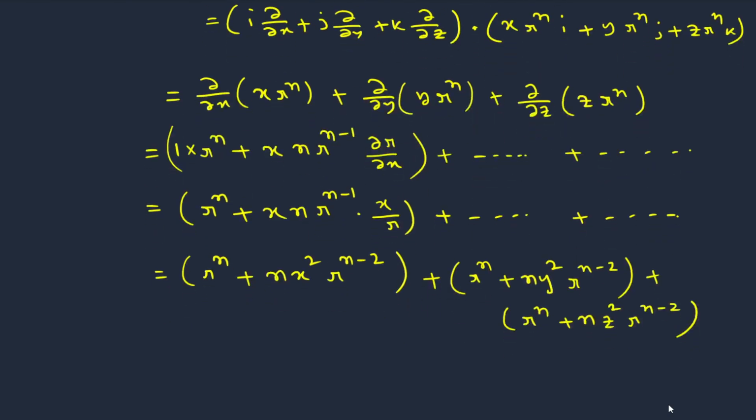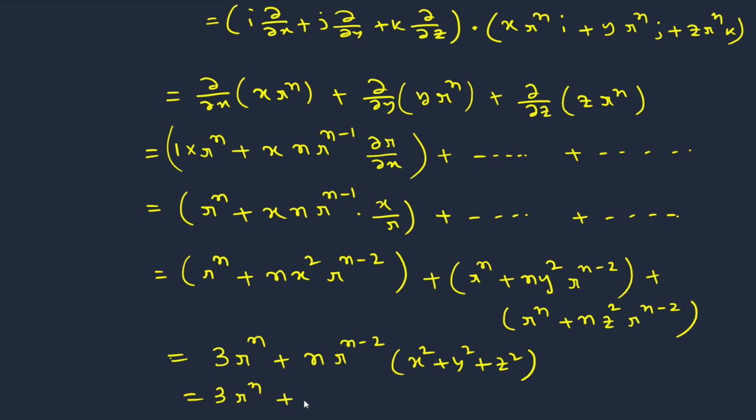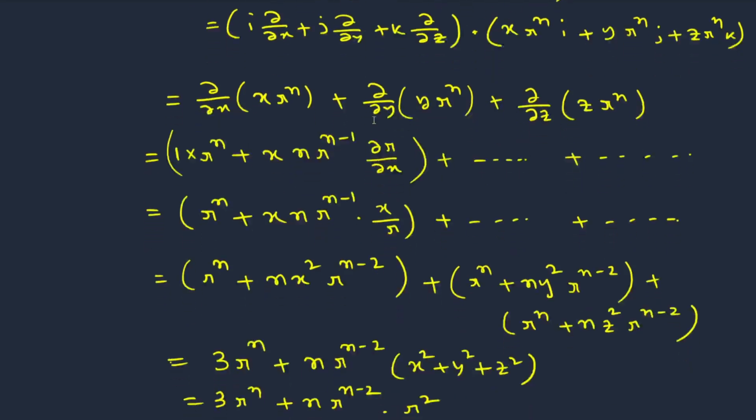Now if you add all the terms, there are 3 r to the power n. From the remaining terms, if we take r to the power n minus 2 common, we will get x square plus y square plus z square. So 3 r to the power n plus n into r to the power n minus 2, and x square plus y square plus z square is again r square.